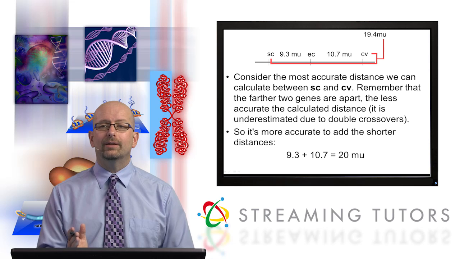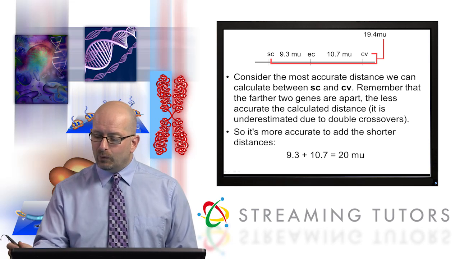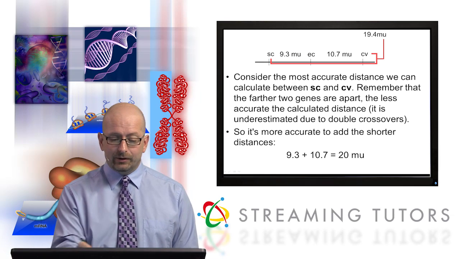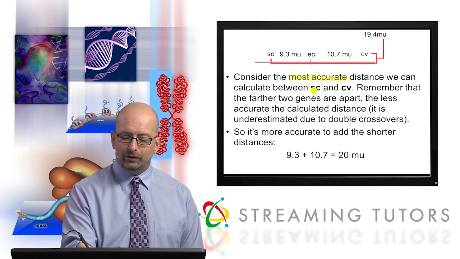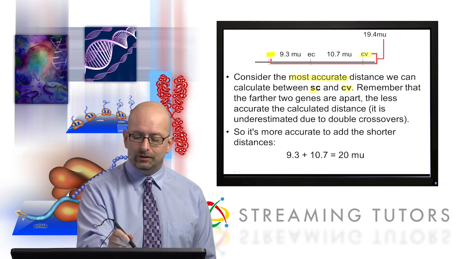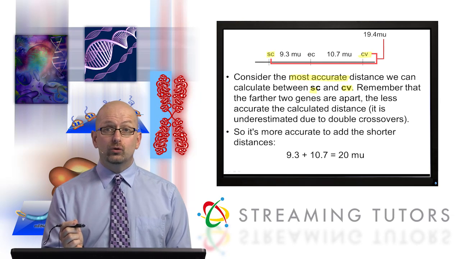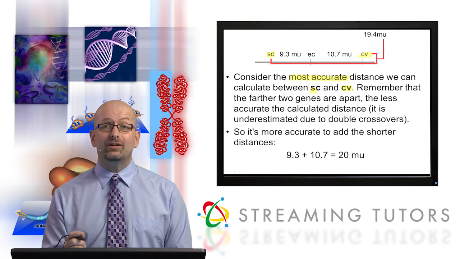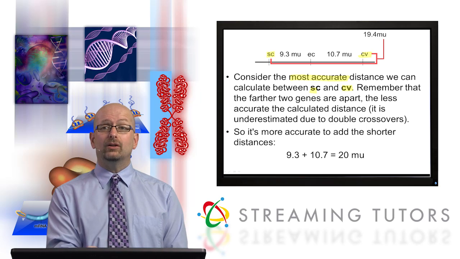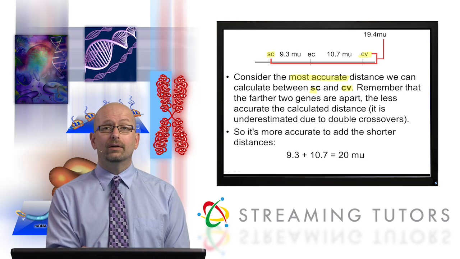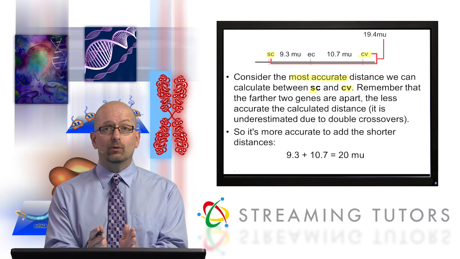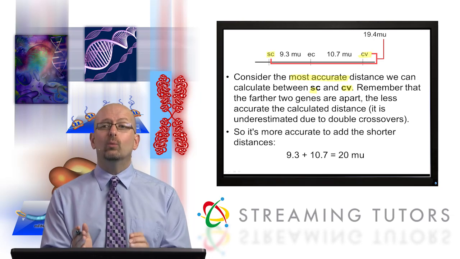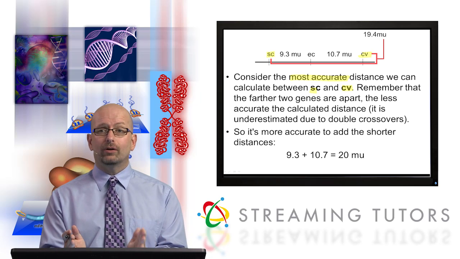So let's take a look at this. If we want, and they often will say this, calculate the most accurate distance between SC and CV, the ones on the ends here. The farther two genes are apart, the less accurate is the calculated distance because of the fact that double crossovers occur in there, and that we saw some double crossovers, but when we're doing it as the pair, we just calculated between skewed and cross-veinless.